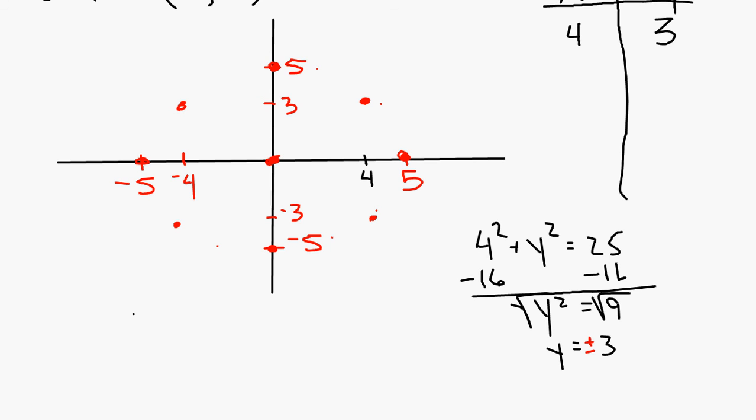All right, and then if you had to, you could do it for, you know, positive 1 and negative 1. And then you're just going to do the math and plot the points. But this is probably enough to sketch this thing, right? Just a really fat circle.